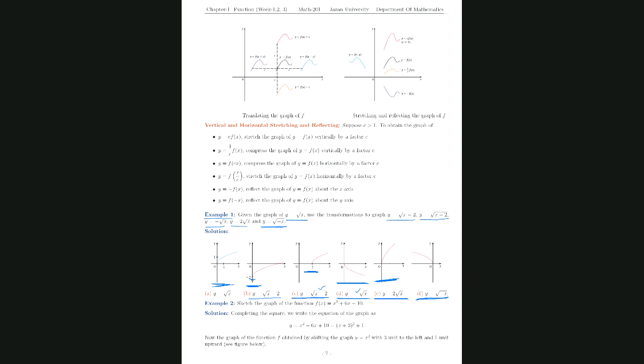If negative x is inside the square root, then it is a reflection about the y axis. This is sqrt x and this is sqrt of negative x, going this way. Last lecture I explained all these.